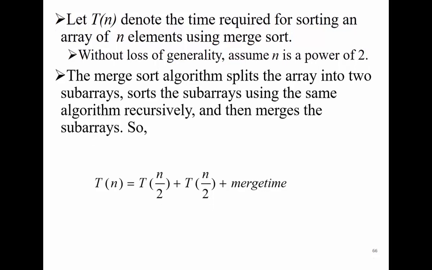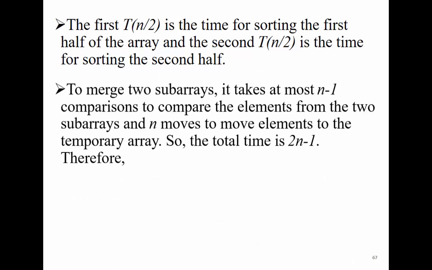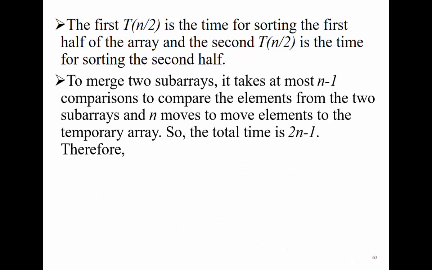Okay? Now, how many operations do I need to merge 2 halves together? If I have the first half of size n and the second half of size n, then I have 2n minus 1. Now, we end up with this formula. Getting this formula is not so hard.